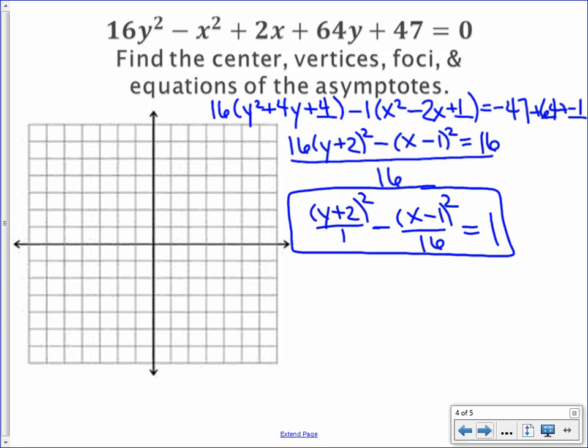Horizontal or vertical? Vertical because the y is positive. Where is our center? How about 1, negative 2? Be careful. I know that the x comes second, but we still have to pick the x first for our center. So 1, negative 2 is our center.